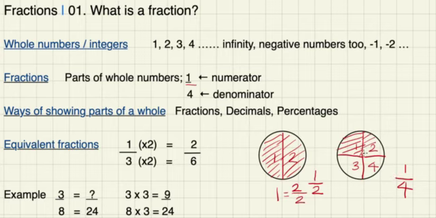And if I were to take 2 slices, 2 over 4. And 2 over 4 is also represented as a half. So these are equivalent fractions. 2 over 4 is the same as 1 over 2. And if I were to be greedy and have 3 of these slices, then it would be 3 over 4.